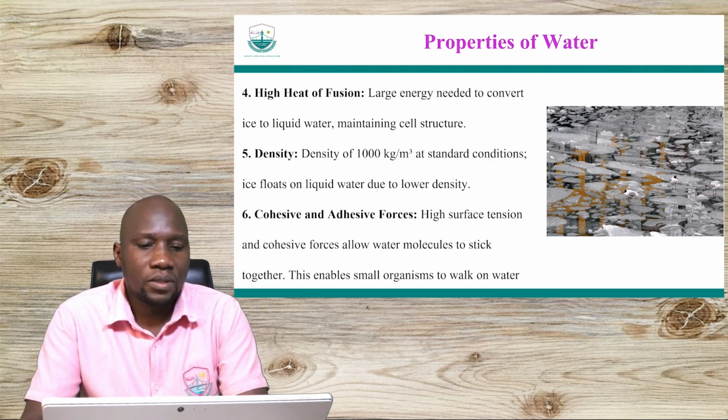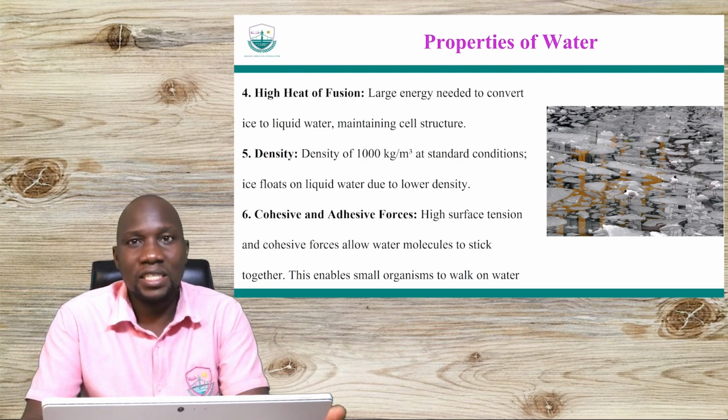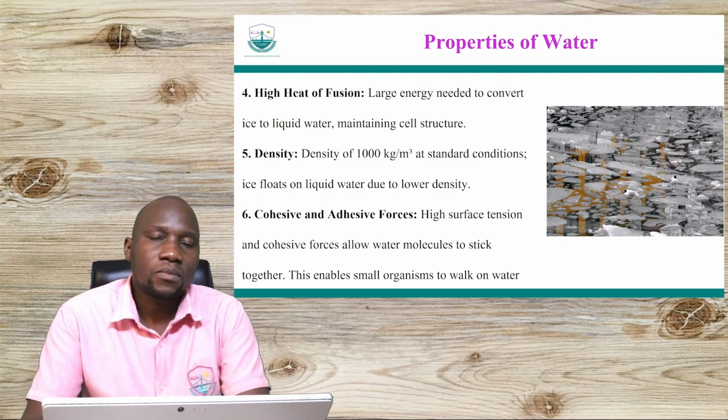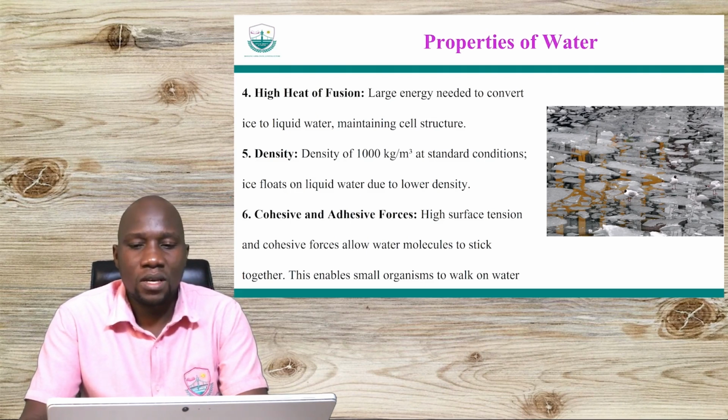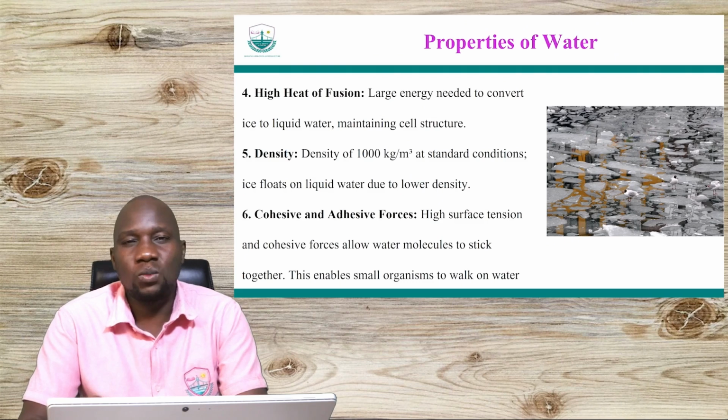And then density: at standard temperature and pressure, the density of water is 1,000 kilograms per cubic meter. This is very important because you see, like in this diagram, that liquid water is more dense than ice, and therefore ice floats.